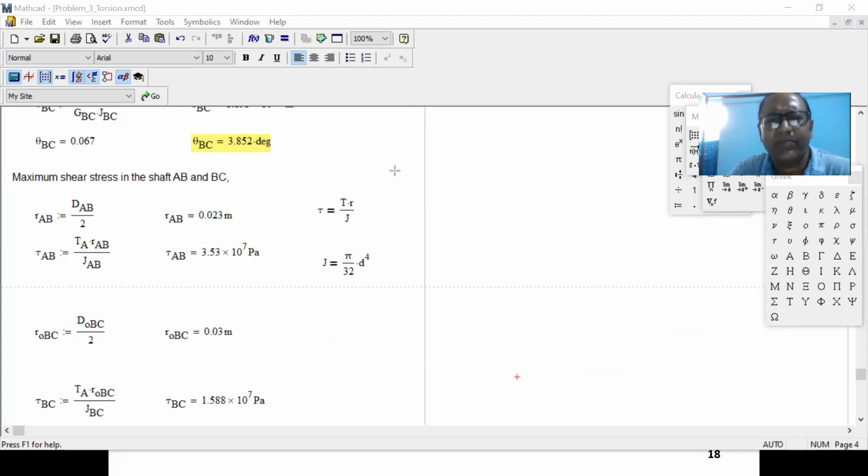If I say figure out the shear stress in each section, then how can we figure it out? So we found right over here clockwise 400, right? And right over here anti-clockwise 200.